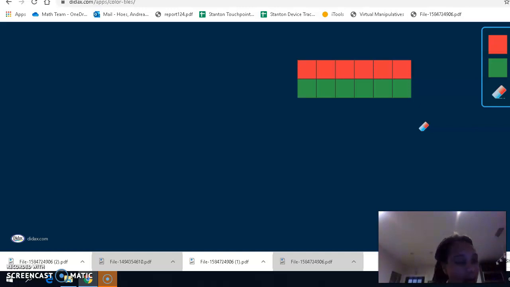So then our new addition number sentence will be 2 plus 2 plus 2 plus 2 plus 2 plus 2 equals 12, because we have 6 columns and 2 in each column, or we can say we have 2 rows with 6 in each row. So then we would say 6 plus 6 equals 12.